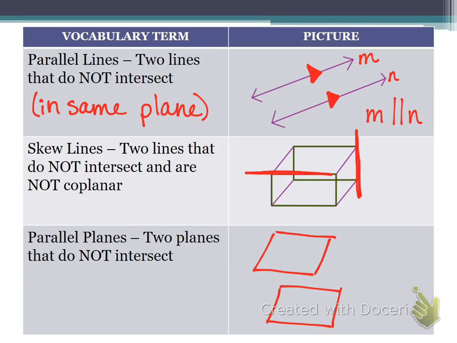If a building is built to code, generally the floor and the ceiling should not come in contact with each other. Unless you're at some architecturally artistic building, right? In this building, the ceiling and the floor are parallel planes. They don't touch each other. Does that make sense? Okay, let's pause and we'll talk a little bit more about it.